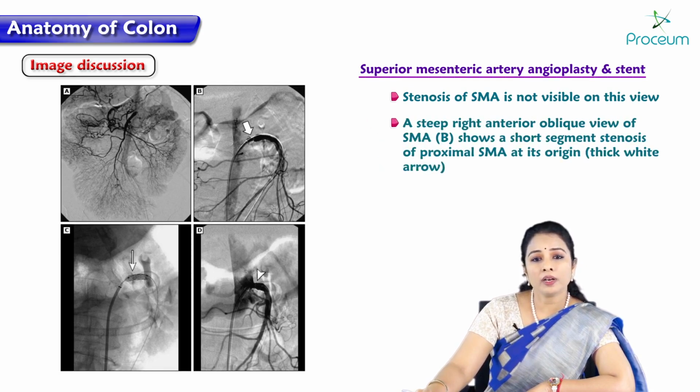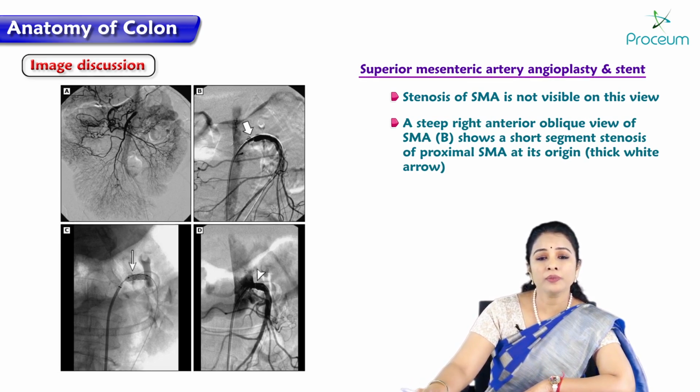A steep right anterior oblique view of the superior mesenteric artery shown in image B shows a short segment stenosis of the proximal superior mesenteric artery at its origin, which is demonstrated with the thick white arrow in this image.